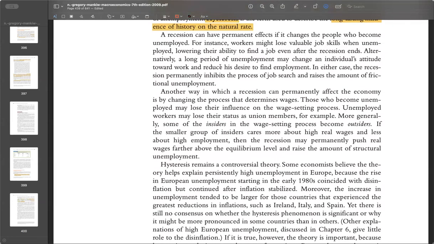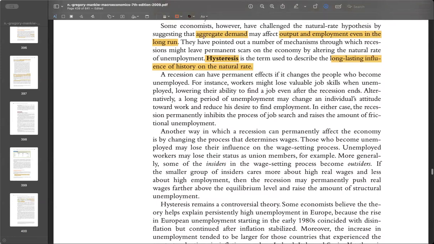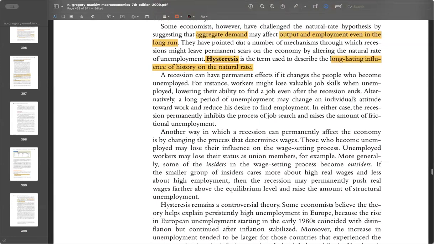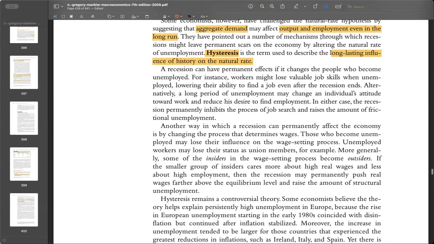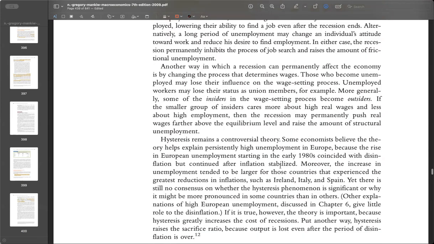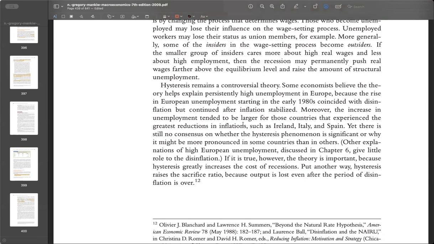Ultimately, the point of this hysteresis concept is that short-run changes in aggregate demand may affect not just the cyclical component, or the gap between Y and Y bar and the gap between U and U bar, but can have a permanent effect through changes in the long-run values of employment and output. So hysteresis remains a controversial theory.